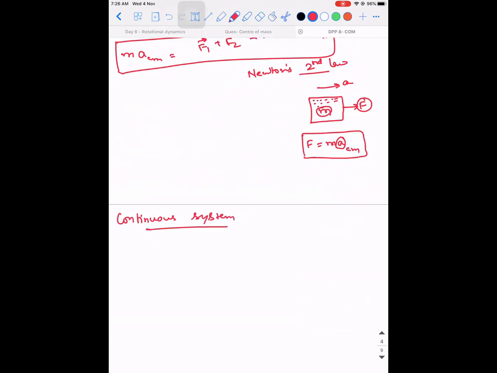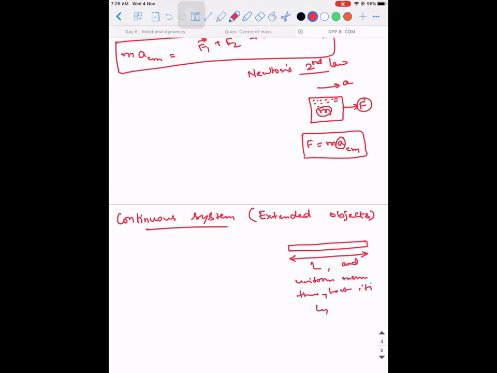When you have extended objects, for example, let's say I have a rod of length L and uniform mass throughout its length.